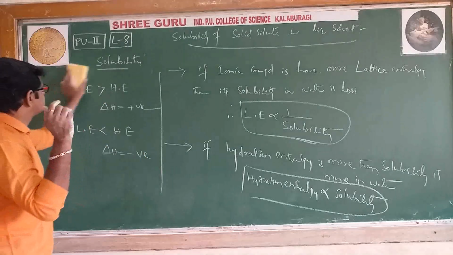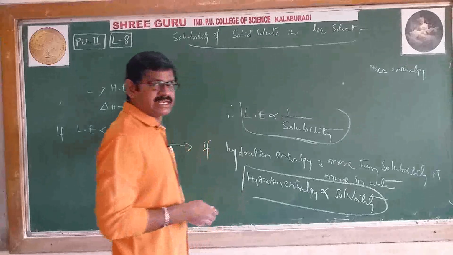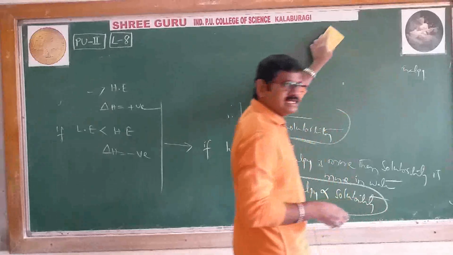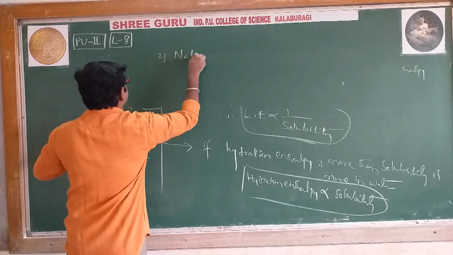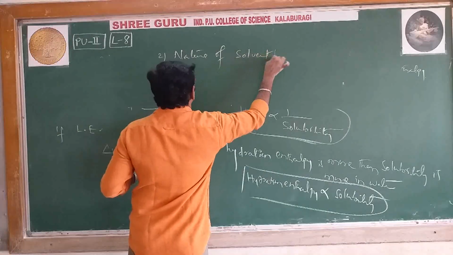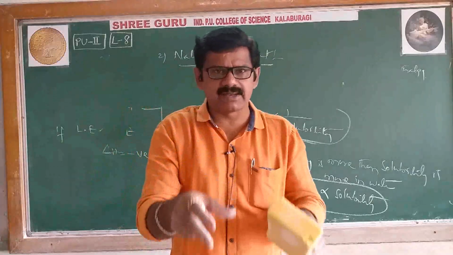Next we'll discuss here. Till now we have discussed only the nature of solute. Next we'll see the second point, nature of solvent. Because our target is that the solute should dissolve in the solvent.